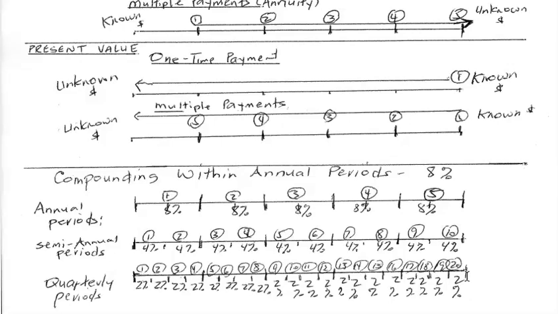How about if we break it down into quarterly periods? Okay, again, we've got 5 years, but each year has got what? 4 quarters. So 4 times 5, we're going to look at 20 quarters or 20 periods. And that 8% is divided by 4 for the quarterly periods, so that 8% per year divided by 4 quarters per year is what? 2% per quarter.